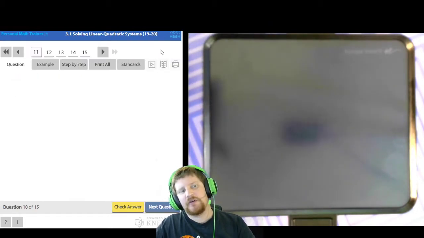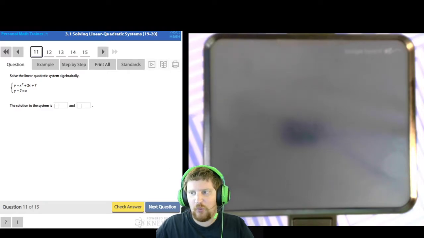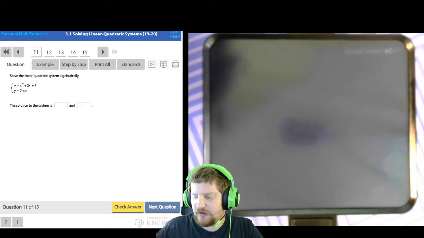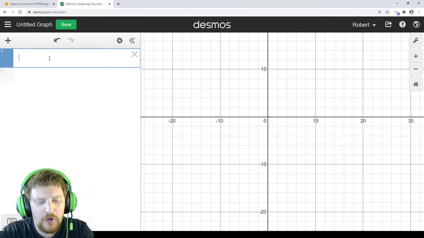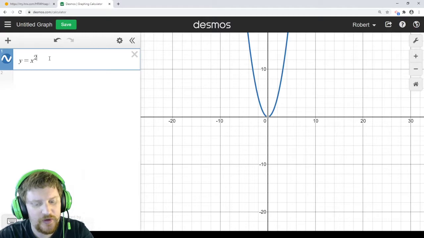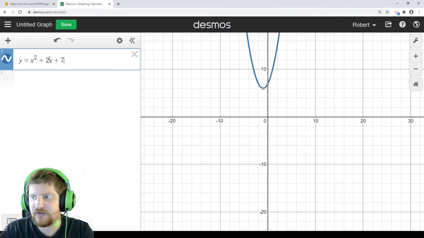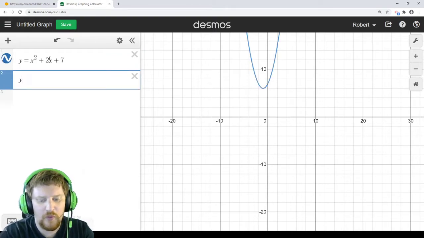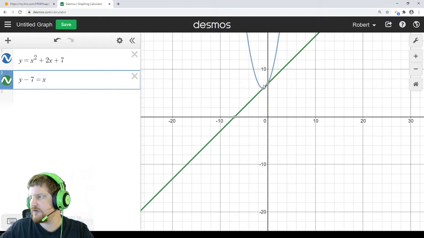All right. Our next set of questions are our SAT style questions, but it looks like we've got one more of the same first. So let's head over to Desmos. y equals x squared plus 2x plus 7. y minus 7 equals x. 1 point, 2 point.